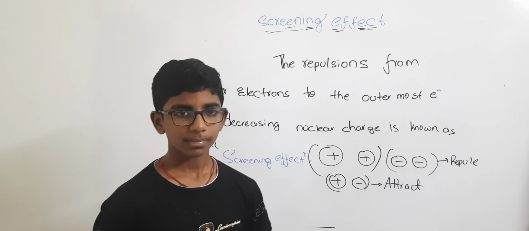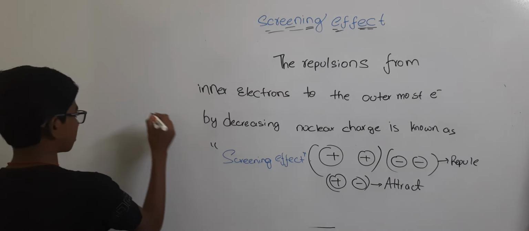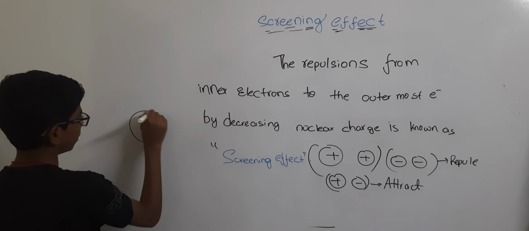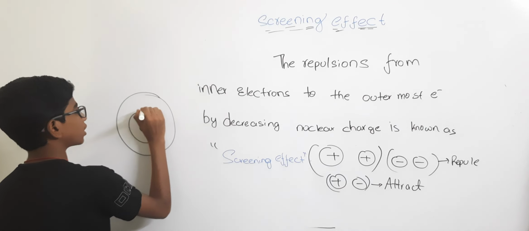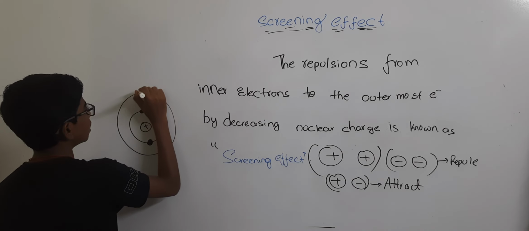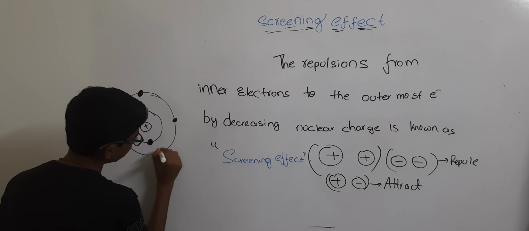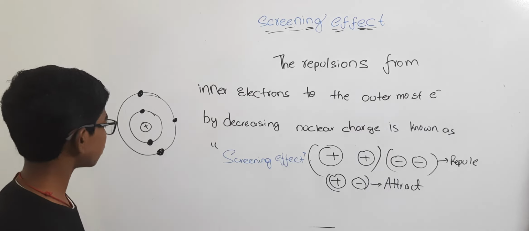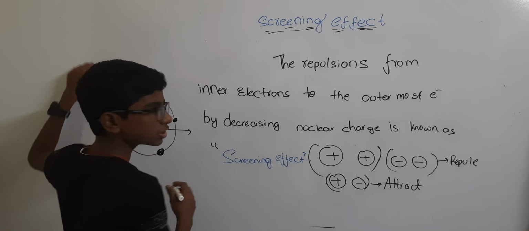In this way, in the screening effect, the inner electrons... suppose I am drawing an atom here, a rough diagram, first shell, second shell. These are the 2 electrons present in the first shell. In the outer shell, I am drawing 3 electrons: 1, 2 and a third electron. The nucleus has a positive charge.